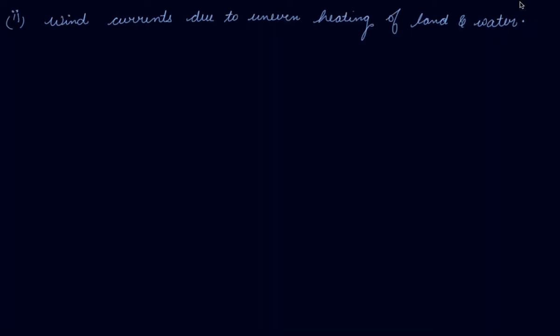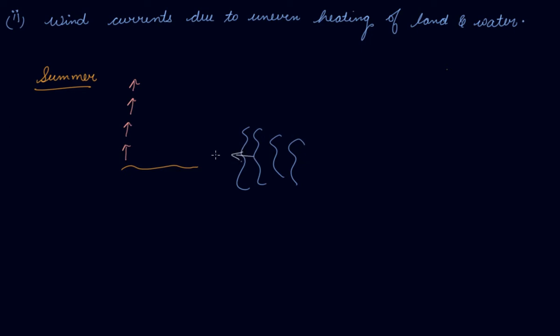Now, wind currents due to uneven heating of land and water. See, during summers what happens? Your land is warmer than the seas. Now air from the land, as it heats up in the summer, rises up. Now the cooler air from the seas comes and takes its place on the land.